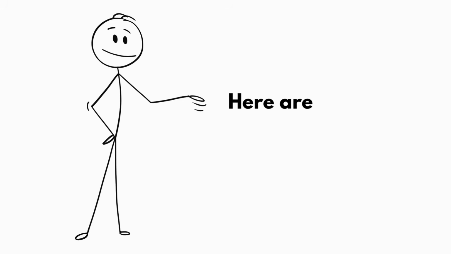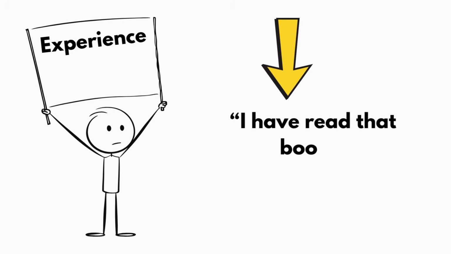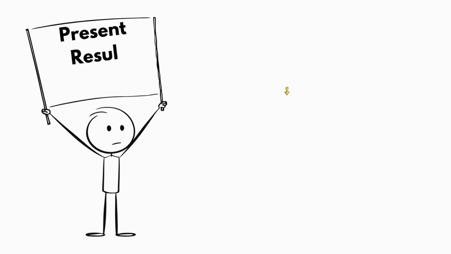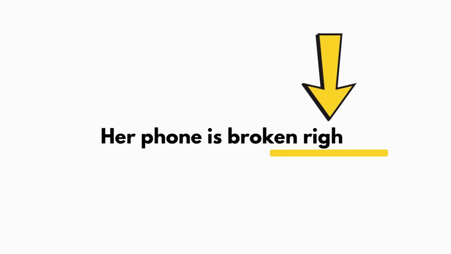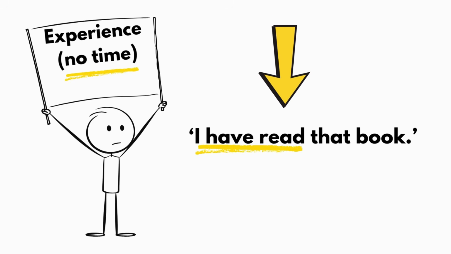Here are two clear examples. Experience. I have read that book. Present result. She has broken her phone. Her phone is broken right now. Experience. No time. I have read that book.